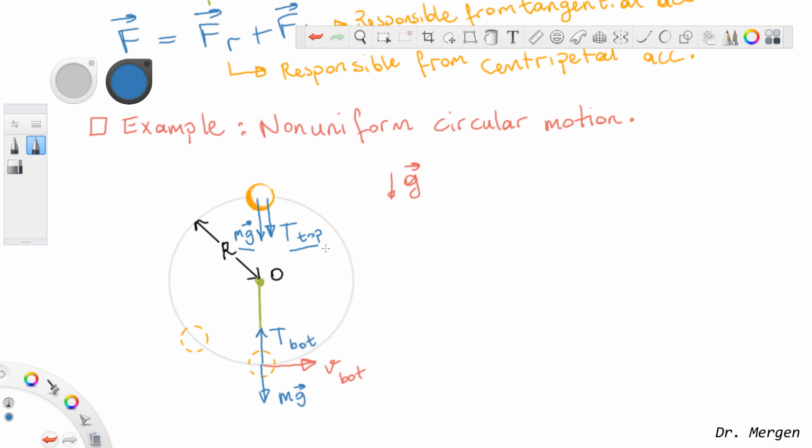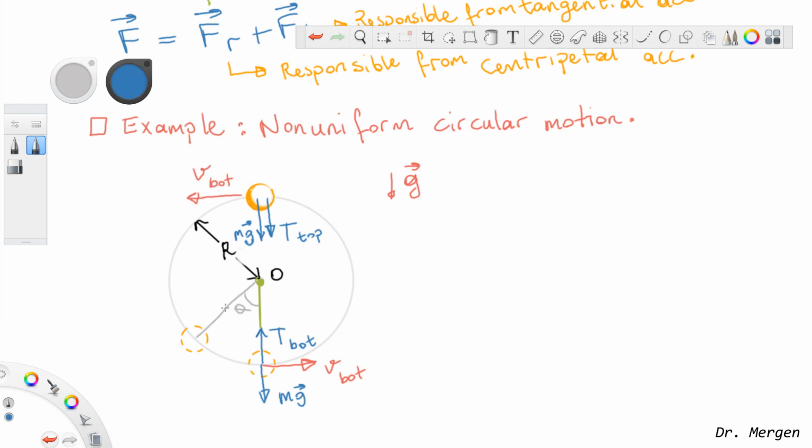And the top and the bottom positions are denoted with BOT and TOP. Let me erase those lines to make it less confusing. And when the sphere is at the bottom, its velocity is directed to the right. And when the sphere is at the topmost position, its velocity is directed to the left.